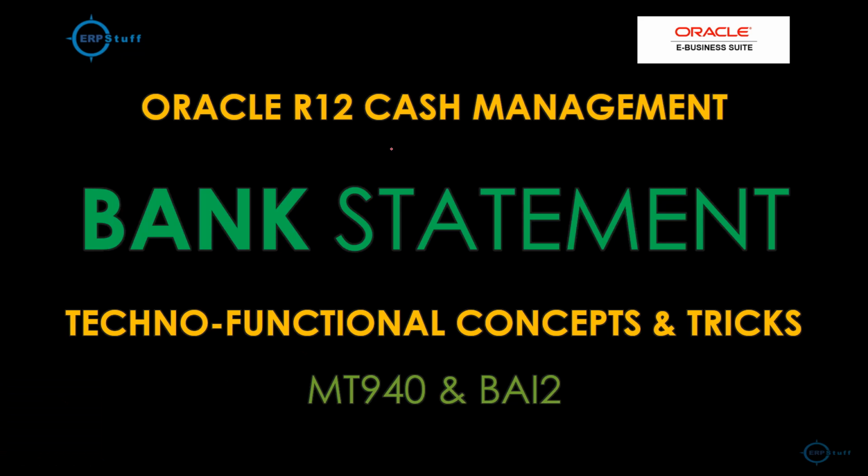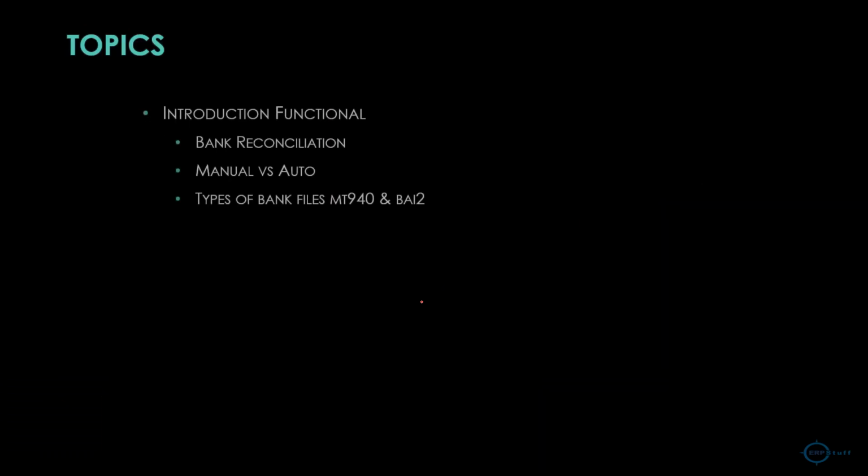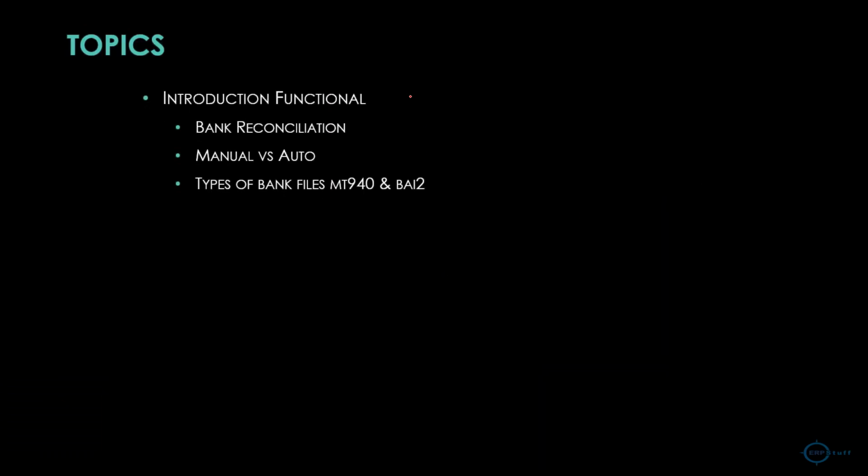It will be the Oracle R12 Cash Management module, and the topics covered will be the introduction to the functional part, like what is bank reconciliation, why we need it, manual versus auto reconciliation, types of bank files, MT940 and BAI2.